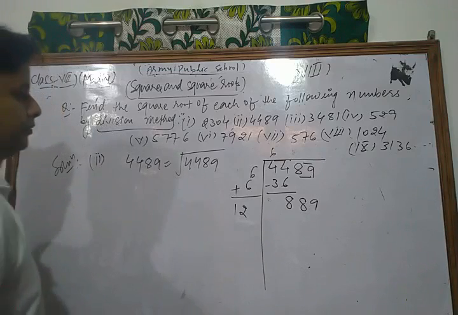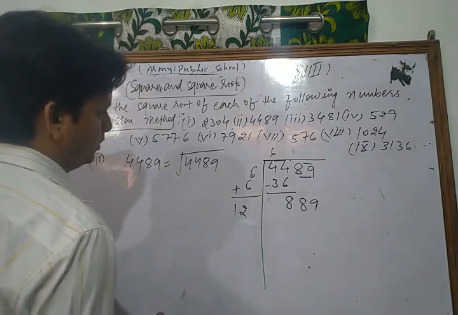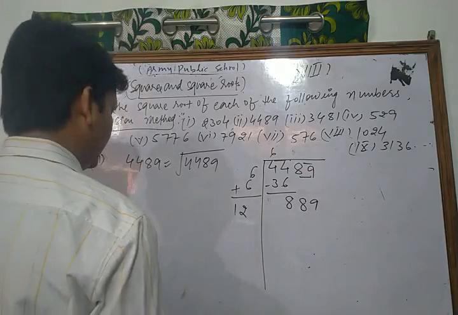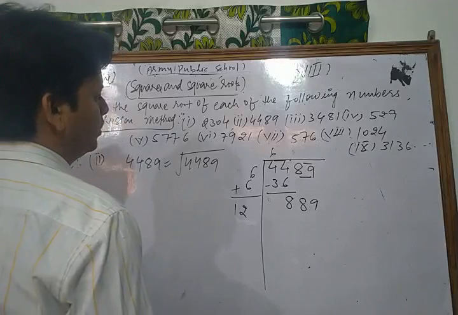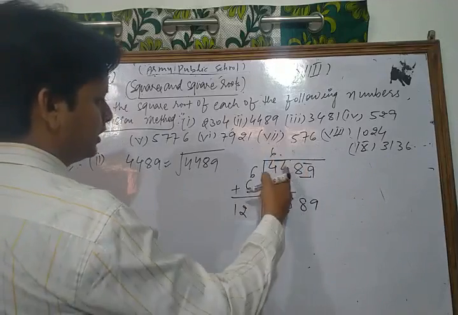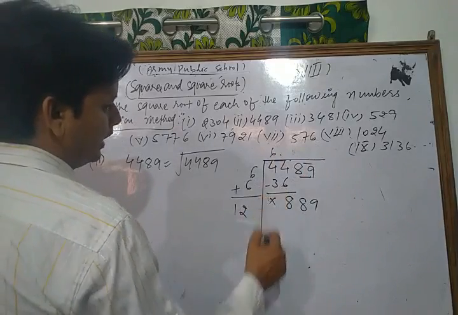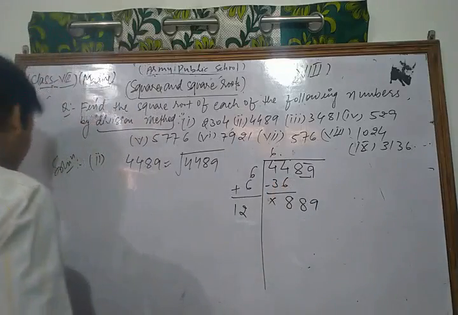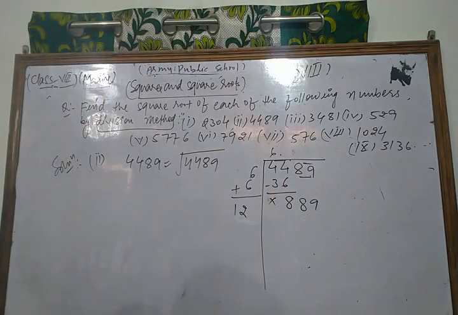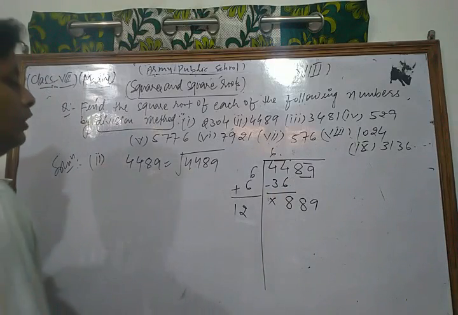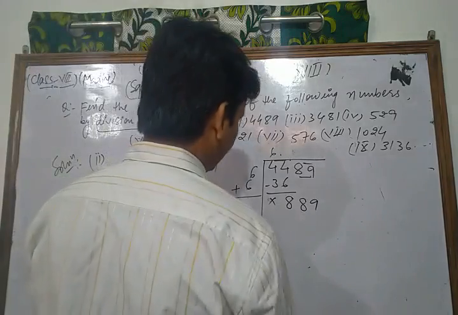If we take 3 4, this is 89, and 6 6 is 36. Now 89 is right in that place. Let's check whether this is the right question, 4489. Now we are left with 889.